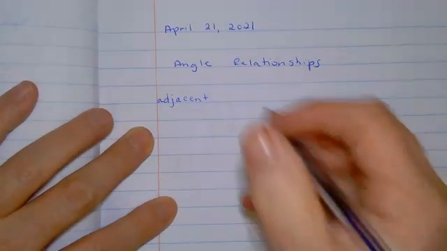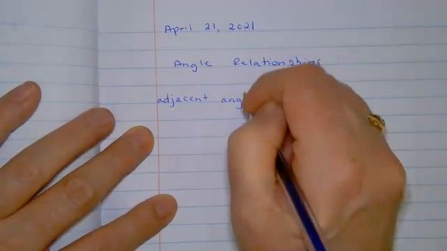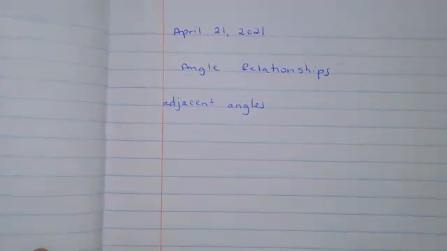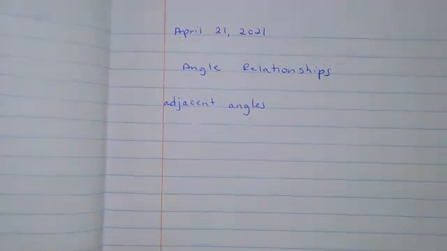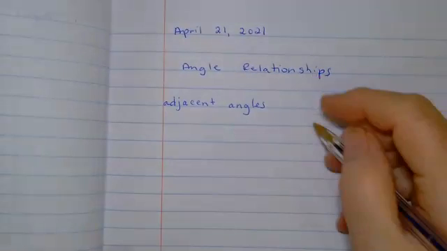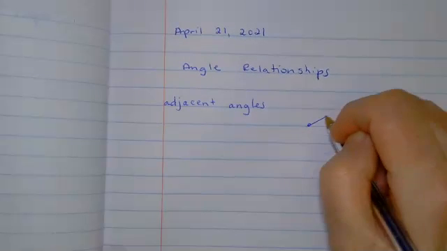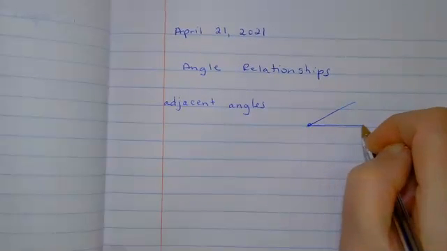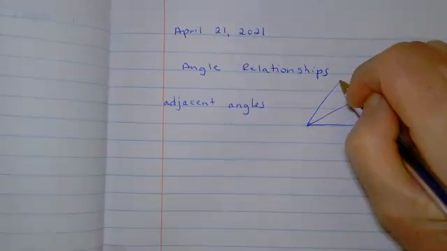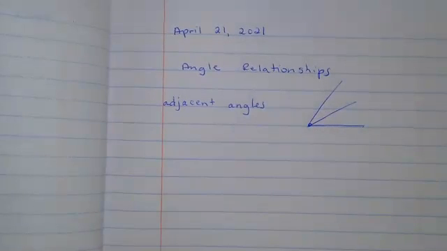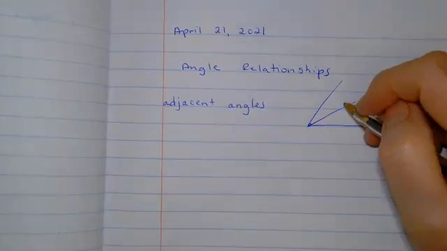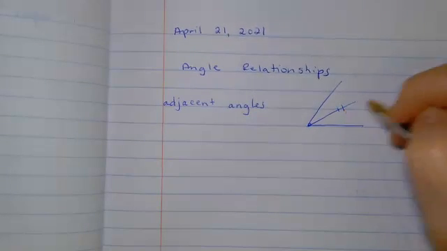First vocabulary word, adjacent angles. Adjacent means next to. Okay? So it looks like this. Adjacent angles are two angles that sit next to each other. They have a common side.